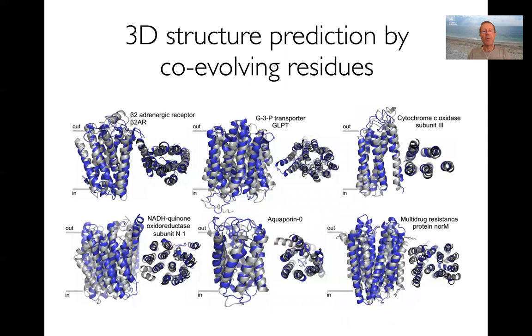And here are just some examples of experimentally known structures. I forget which is gray and which is blue, but one is the predicted one using one of these methods, and the other one is a known X-ray structure. And you can see that in these cases, many of them are extremely close to the real structure. And so you can really start to trust these predictions quite far now.